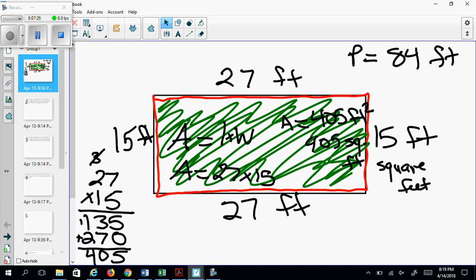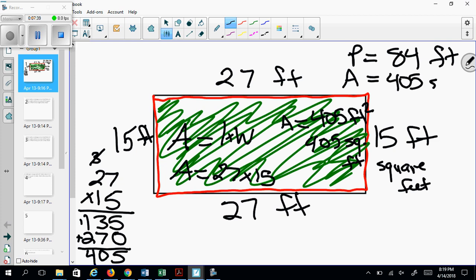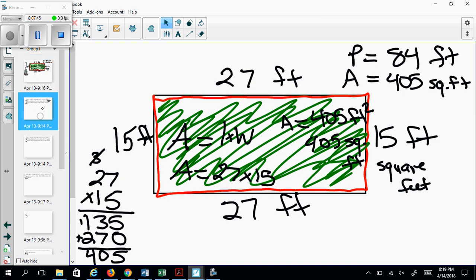Either one of those 3 ways will work for you to write down your answer. So that's how we find perimeter and area. I'm going to write it up here too so you guys can see that: 405 square feet.